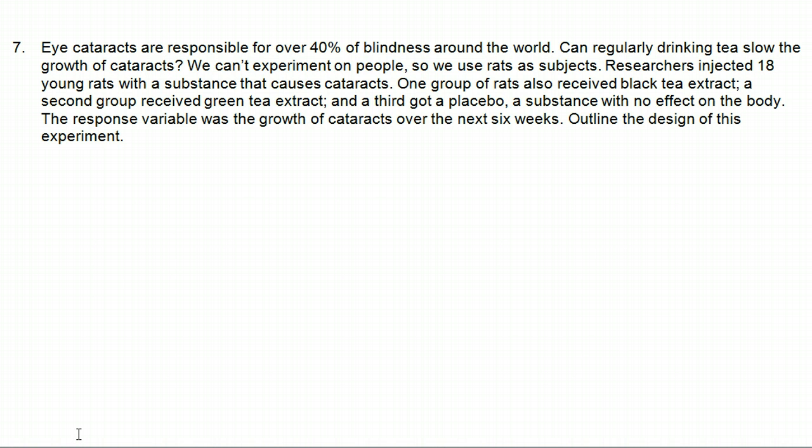One group of rats also received black tea extract. A second group received green tea extract, and a third got a placebo, a substance with no effect on the body. The response variable was the growth of cataracts over the next 6 weeks. Outline the design of this experiment.